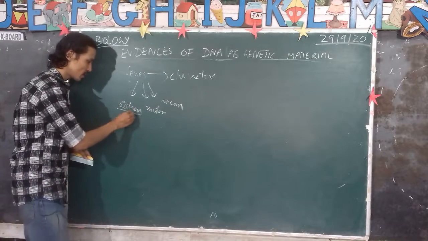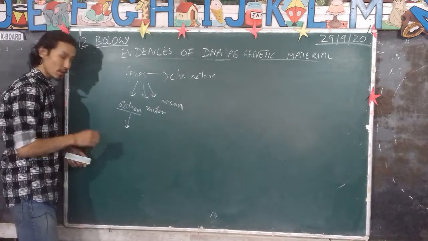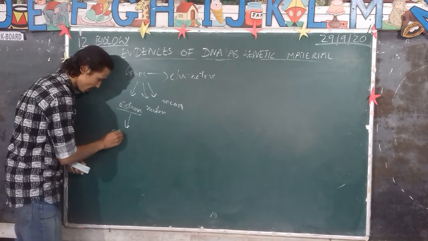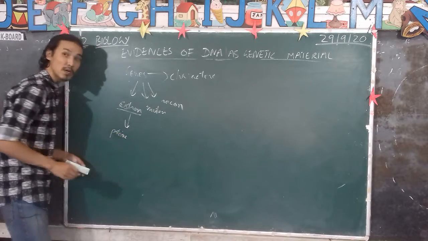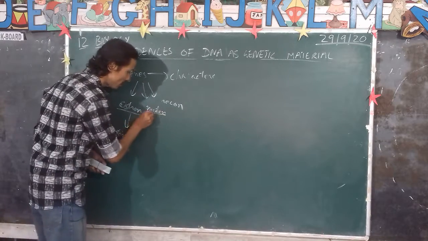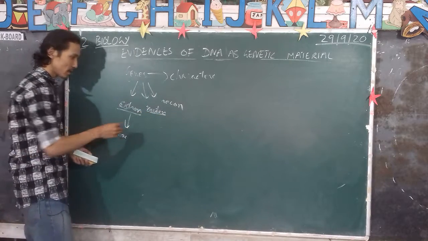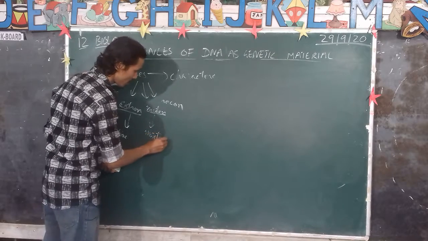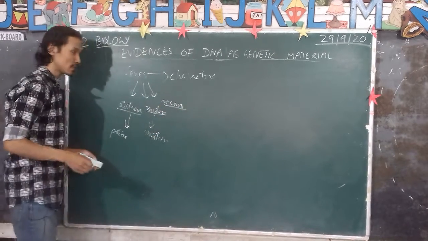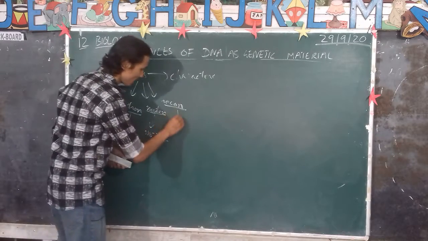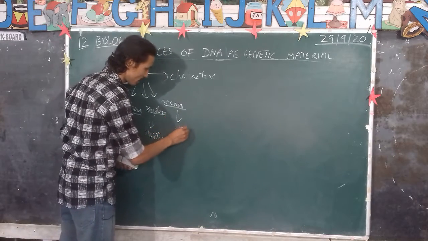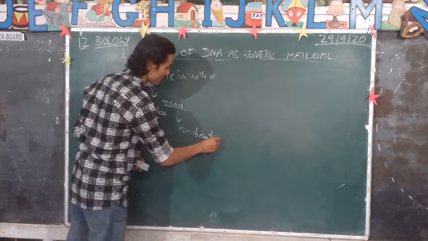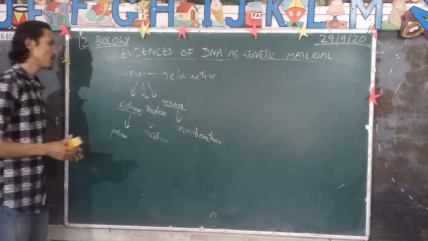By cistron, it means a functional unit which codes for proteins or amino acids. Muton means a segment of DNA which can undergo or produce mutations, and recon means a segment of DNA which can produce new combinations by undergoing recombination. So this is basically what is meant by genes.